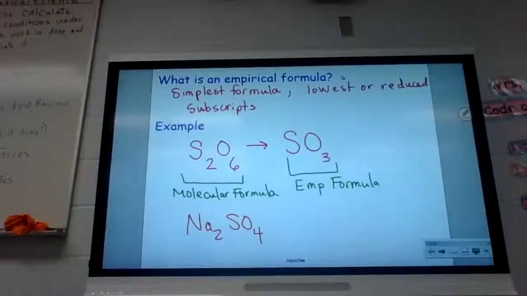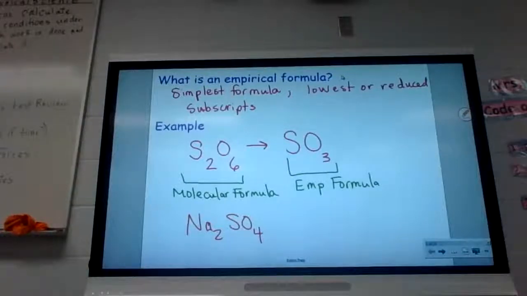Just tired. Okay, why can't I reduce it? Not the reason. You are right that it cannot be reduced, though. I just need a different reason. Nope, not because it's a compound. Yep, Precious is right. It can't be reduced, but I need a different reason. Look at your subscripts.